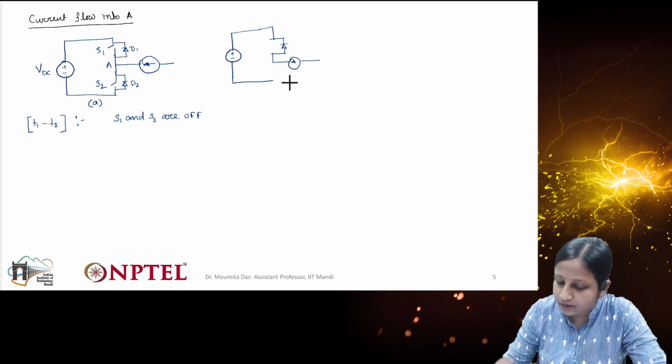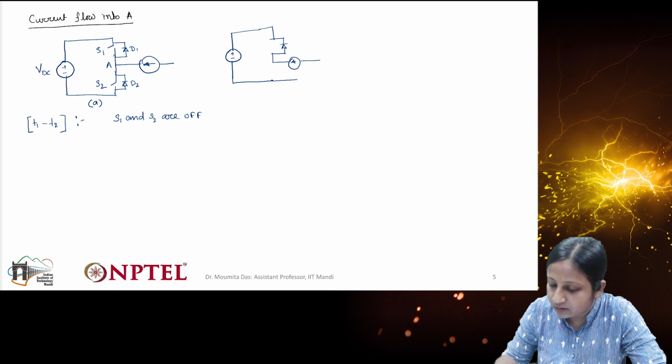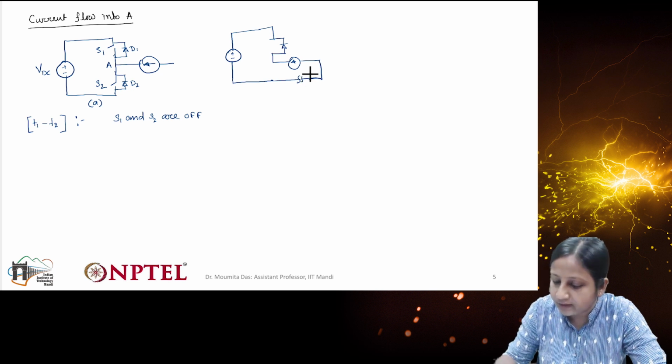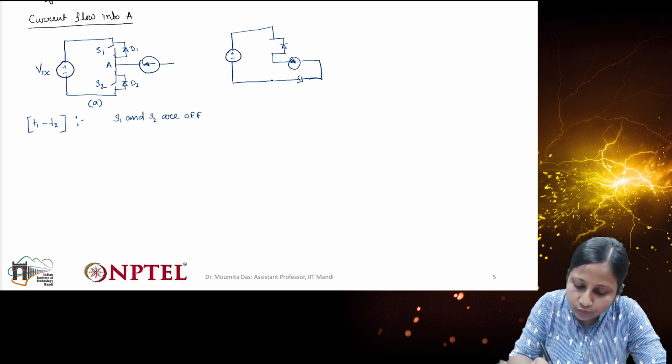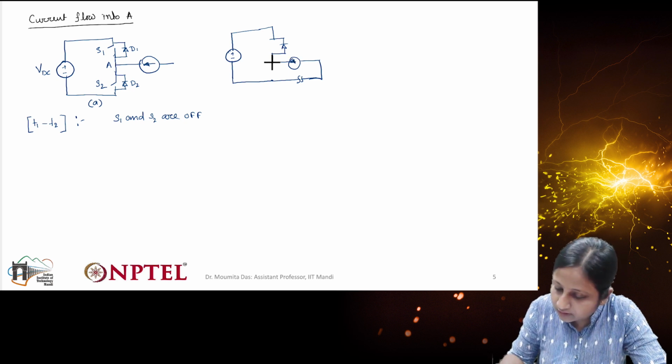Obviously this return path will provide the return path. If I try to draw the complete circuit with the additional component, it will look like this. The current will flow from, so this is point A, this is D1, this is VDC.